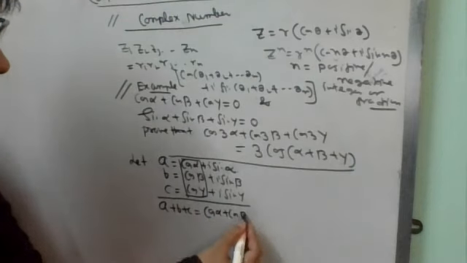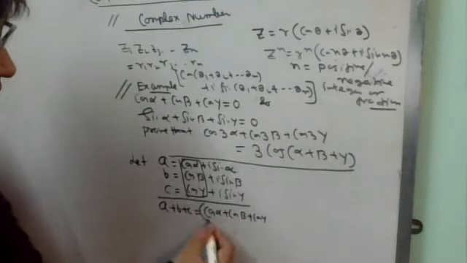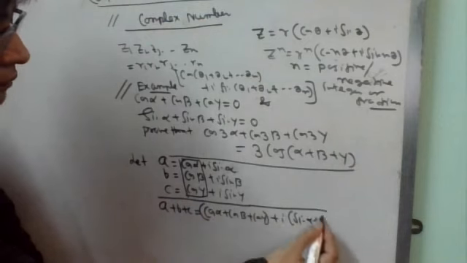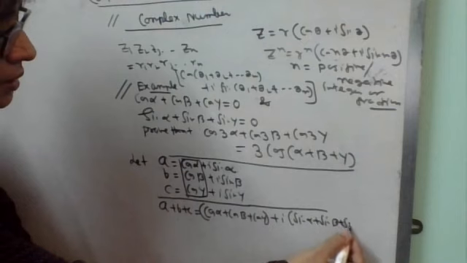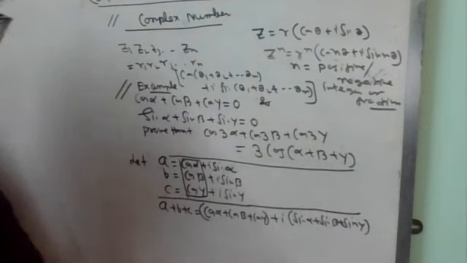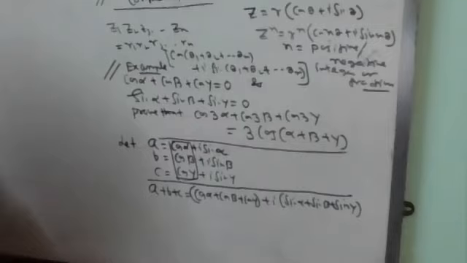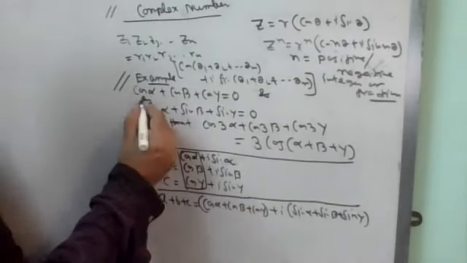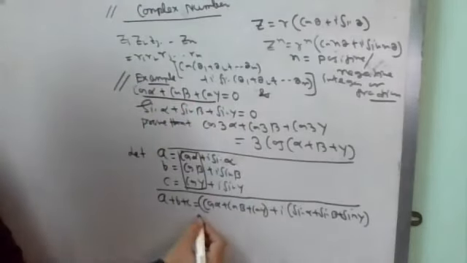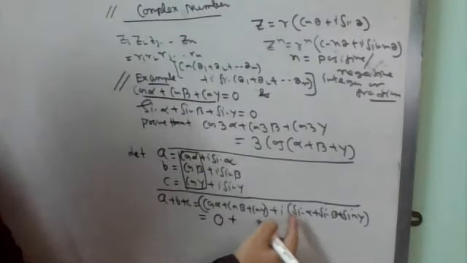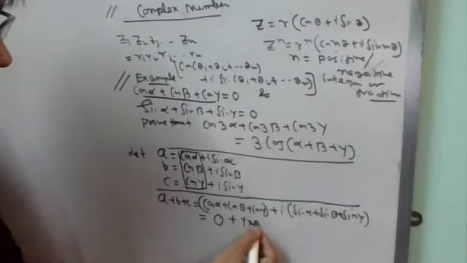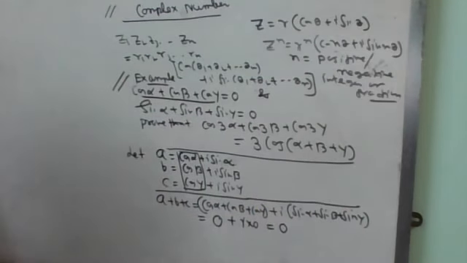So cos alpha plus cos beta plus cos gamma, plus i times sin alpha plus sin beta plus sin gamma. Cos alpha plus cos beta plus cos gamma is given in the question as 0, and sin alpha plus sin beta plus sin gamma is also given as 0. So A plus B plus C has become 0.